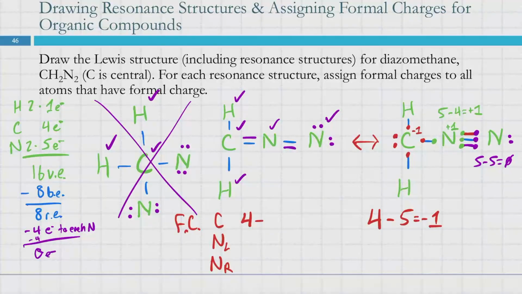We can subtract from that the number that it owns, which is 0 from lone pairs, or non-bonding, and then 1/2 of 8 from the bonds. So that's going to be a 0. The nitrogen on the left would like to have 5, because it's a nitrogen. It's got no lone pairs, and it also has half of the electrons from its 4 bonds. So that puts it at 5 minus 4, which gives it a +1.